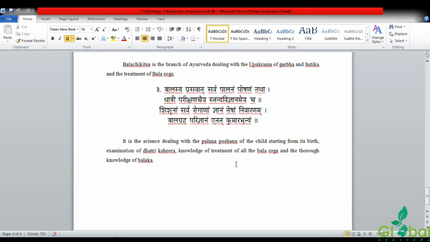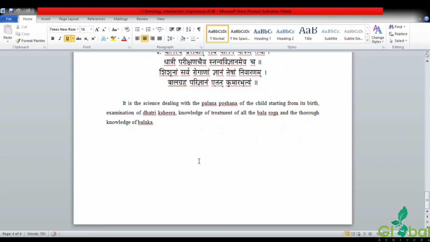So Kaumarbhritya is a branch that deals with balagraha, all the diseases occurring in children with their chikitsa, the knowledge of stanya, the knowledge of the dhatri, and the palana and poshana after the delivery. If you go through the shloka in reverse, the definition suits very well.